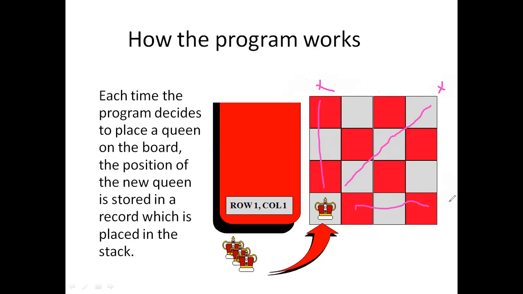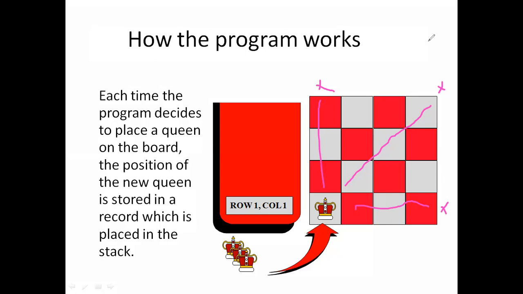There is no possibility there. Each time the program decides to place a queen on the board, the position of the new queen is stored in a record, which is placed in the stack. So in the first row, first column I place the queen, and these places I cannot place a queen.